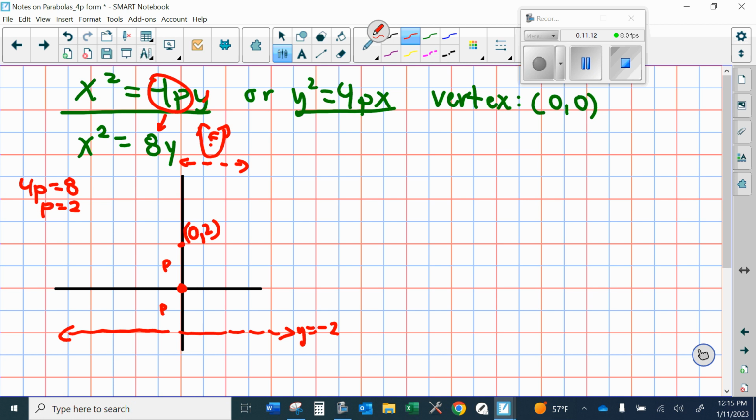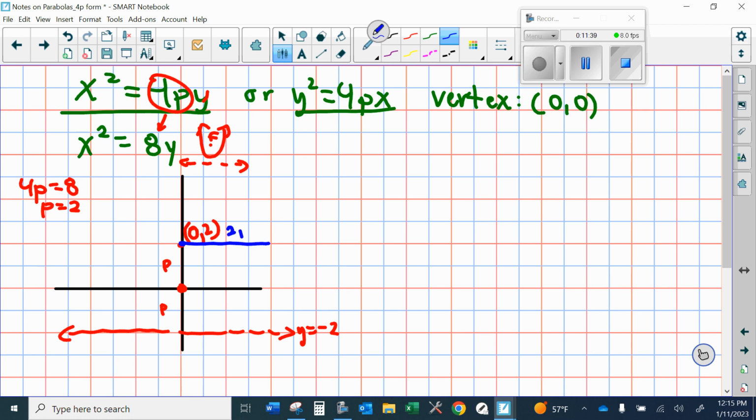Okay, now how can I get other points? Here's the shortcut way that is not in this book here, that I've learned in many other books in years past, in Washington State, for example, which unfortunately they don't do it here. From the focus going out this direction, 1, 2, 3, 4.